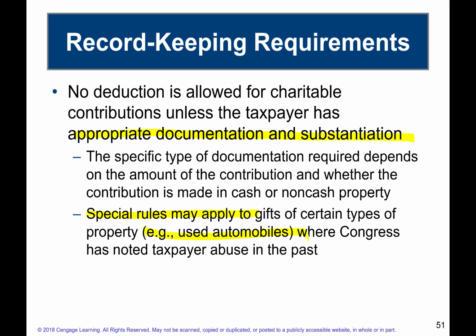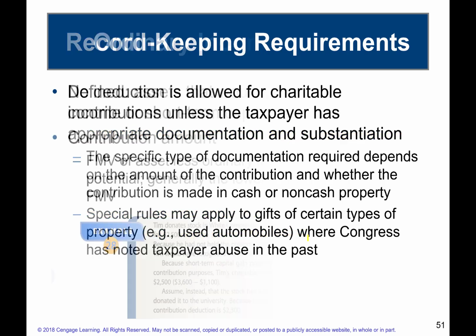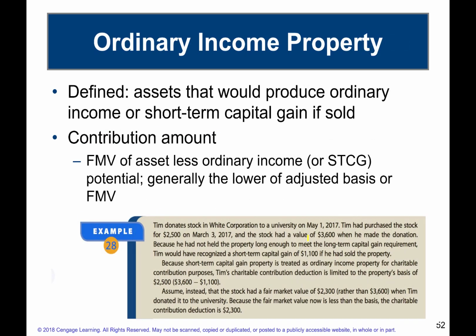Okay, good. Let's take a look then at the types of property. This is where we get into donating property. It depends what category it falls into as to how you can take that deduction. So if it is ordinary income property, that's basically items that are going to produce ordinary income or short-term capital gain if sold.